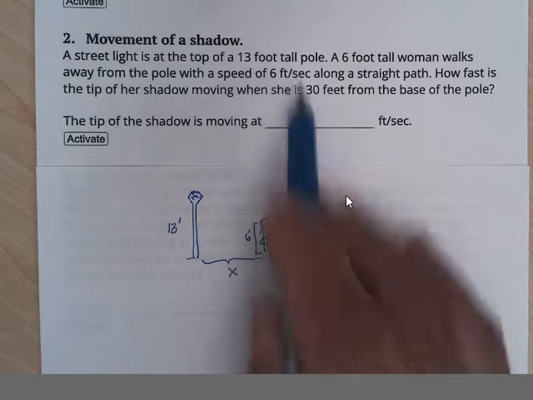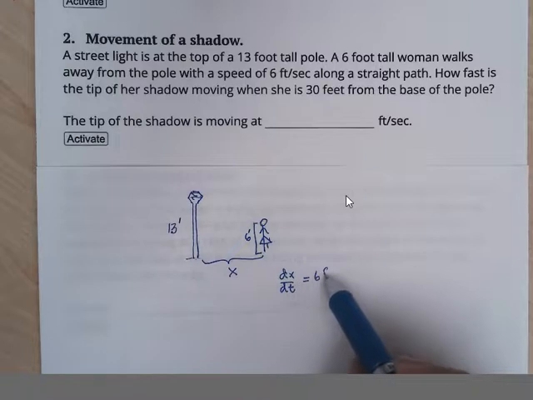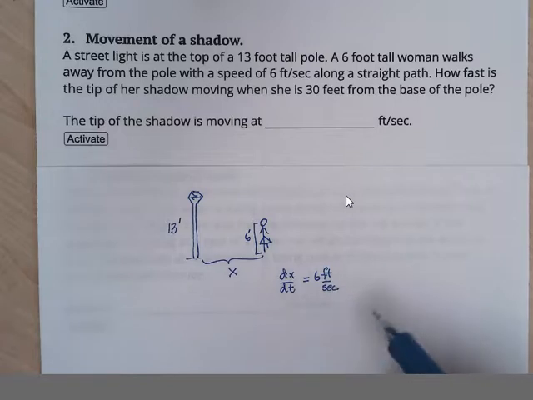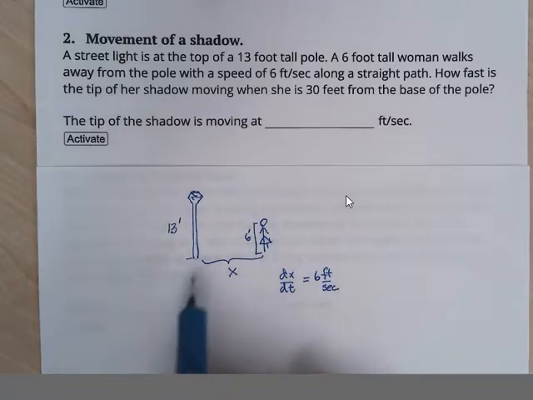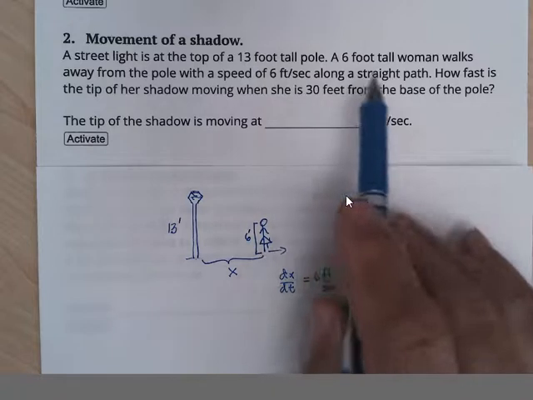So that's a change, and that's in this x, so dx/dt is 6 feet per second. So that's how fast that is changing. So she's walking away, she's moving in that direction.